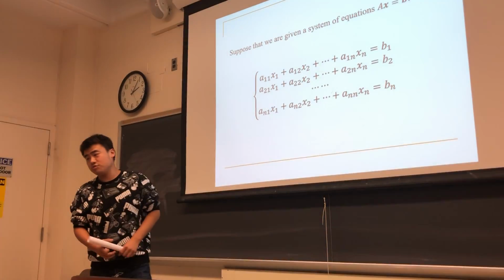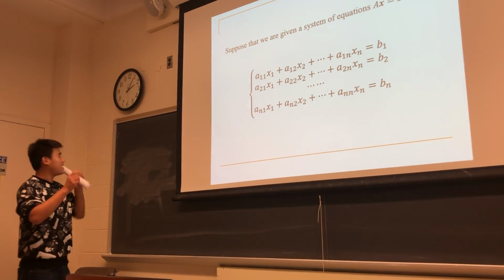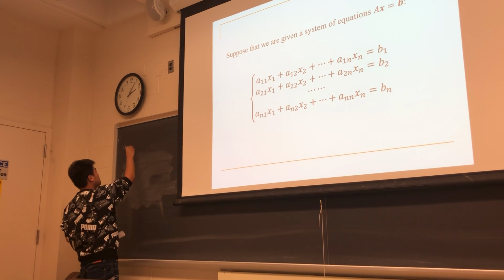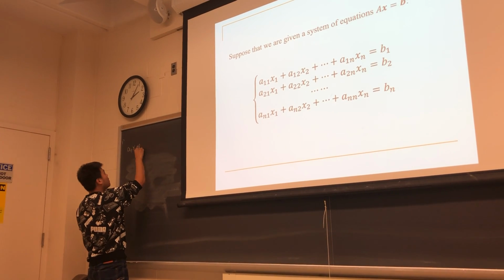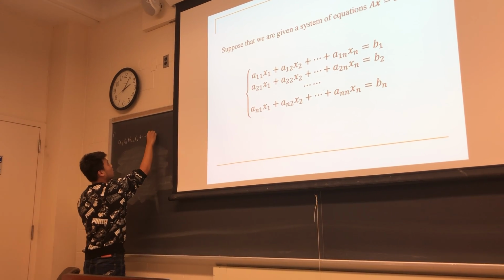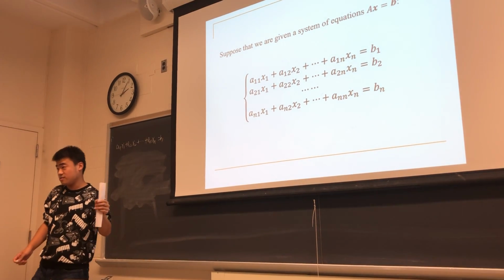And firstly, we have to make some changes to these equations. I use the first equation of this system, which is like this. Okay, this is the first equation of the system.